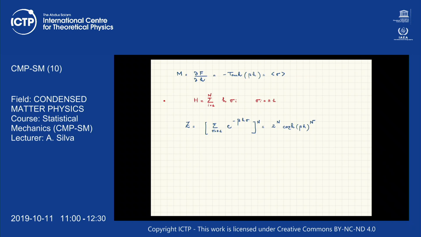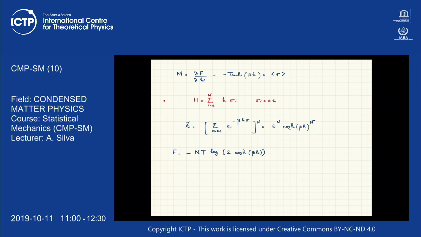Now, the free energy is equal to minus n times t times the log of 2 cosine hyperbolic of beta h. If you look at it carefully, you see that this is nothing but n times the free energy of a single spin. And by the way, the fact that Z is the product of these guys implies that the free energy is extensive.